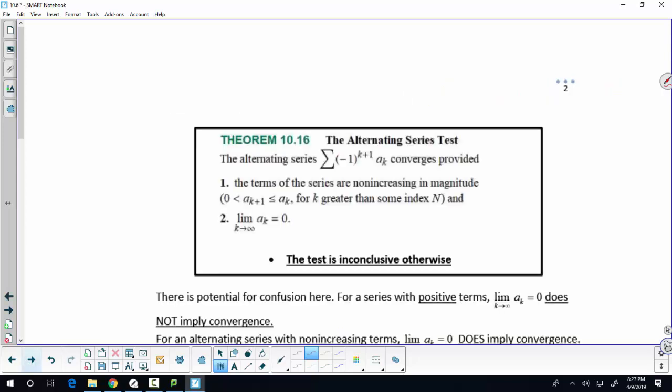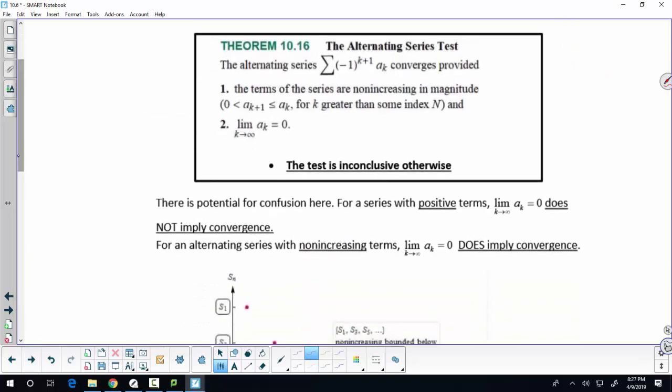So there's a few important things included here, but for now, our alternating series test. We've got an alternating series, (-1)^(k+1) times some a sub k. An alternating series is convergent provided the terms are non-increasing.